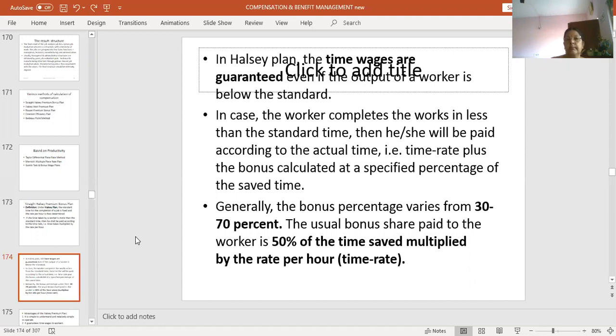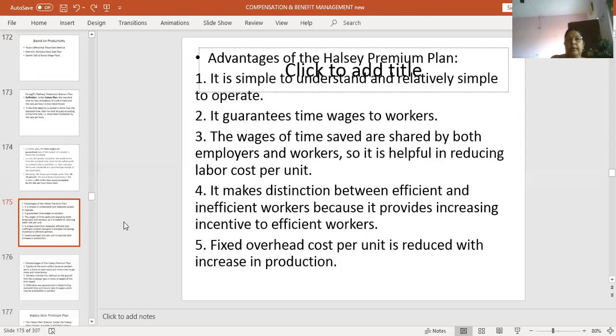Standard wages plus a bonus because he has completed the work in less than the standard time. Usually the bonus percentage will vary between 30 to 70%. So like this, the time wages is fixed in Halsey premium bonus plan.